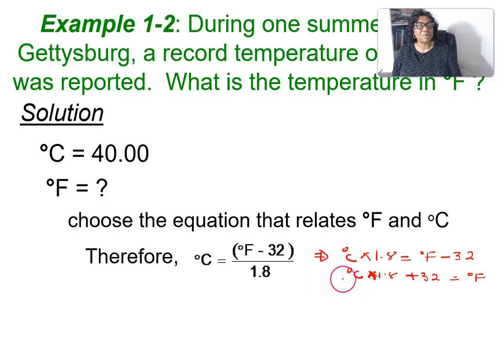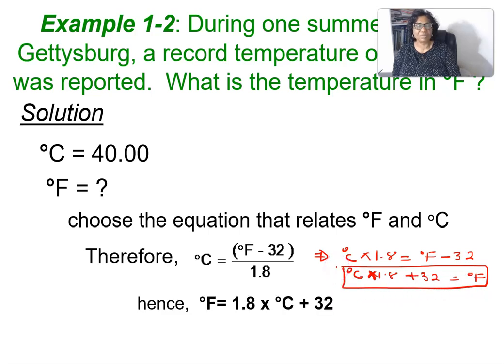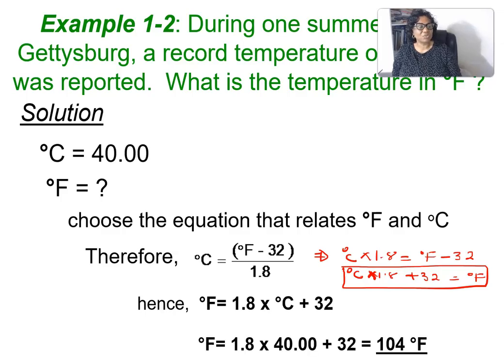You have to know how to rearrange your equation to get what you want. So that temperature of 40 degrees Celsius is 104 degrees Fahrenheit. So that is how we can convert the unit of temperature from one unit of measurement to the other.